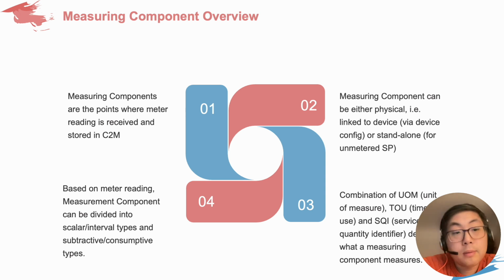So that's scalar subtractive. For half hourly, normally what we receive is a half hourly consumption, so what has been spent in the last half hour. So that will be an interval type and consumptive type. That is the concept around measuring components.